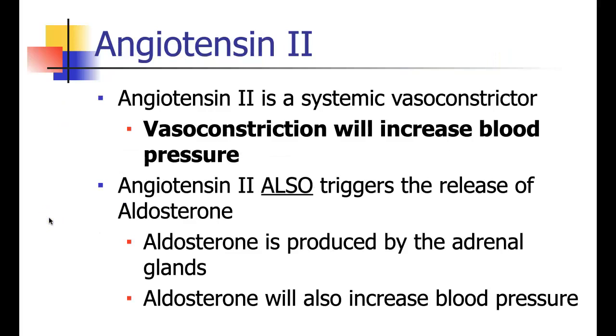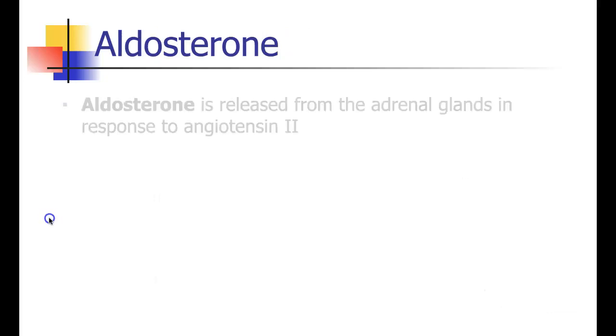Angiotensin 2 is a systemic vasoconstrictor. Okay, and so vasoconstriction will increase blood pressure. So this is a quick way for this renin-angiotensin system to immediately increase blood pressure. And angiotensin 2 also causes the release of aldosterone. So aldosterone is made in the adrenal glands, and aldosterone will also increase blood pressure, mostly for its effects on sodium reabsorption in the kidney.